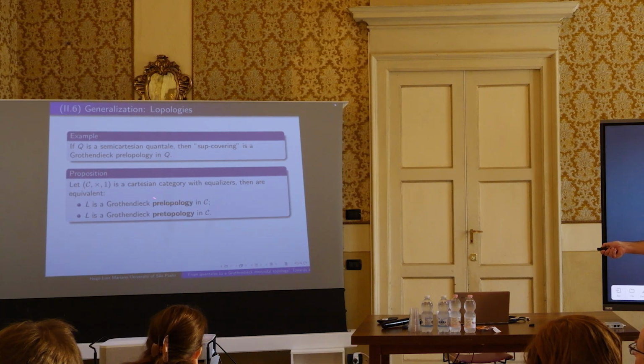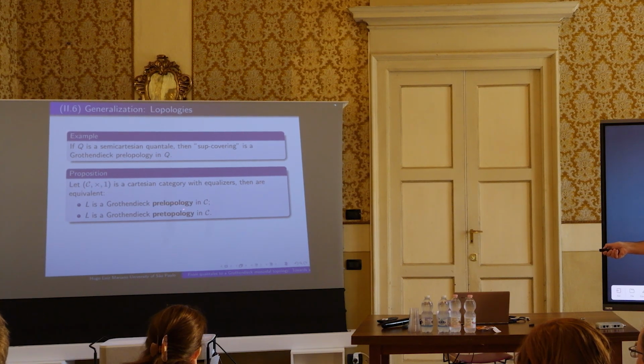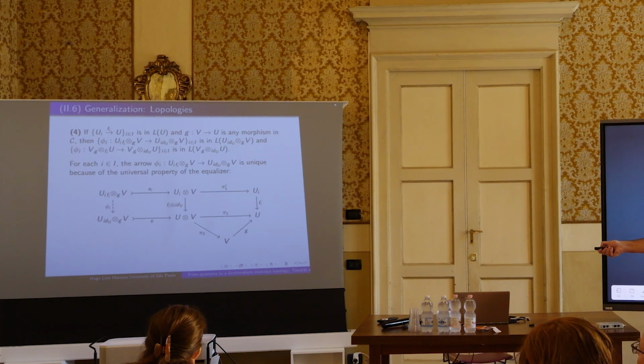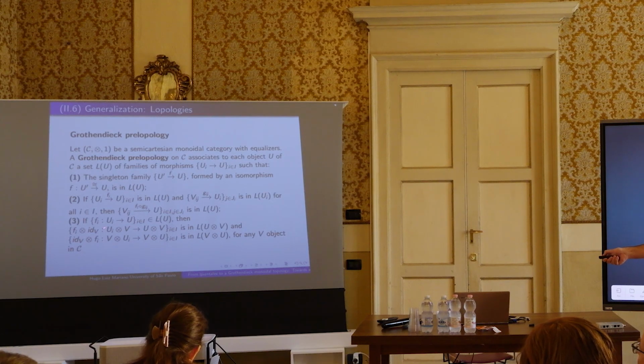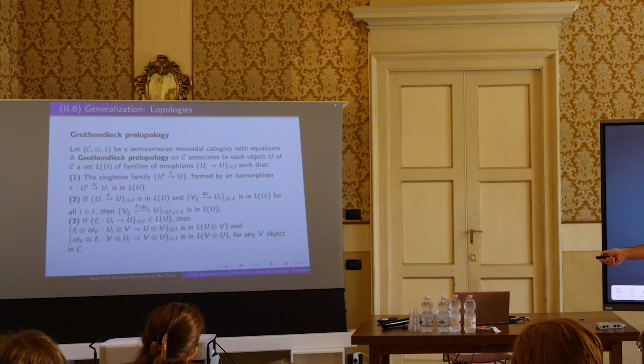And when we are in the Cartesian setting, it is the same as the usual Grothendieck pre-topology, and axioms 1, 2, and 4 imply 3. So this means that when this is a product, it is just a case of a pullback.